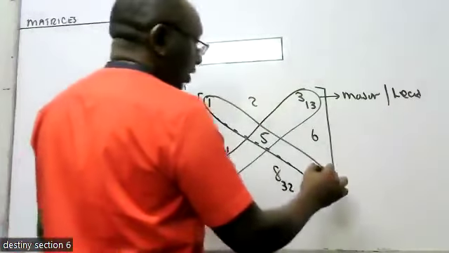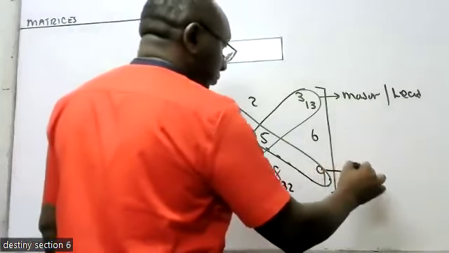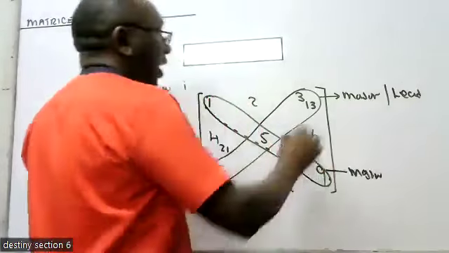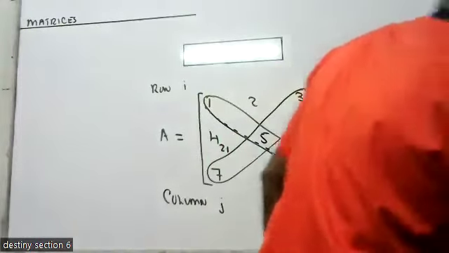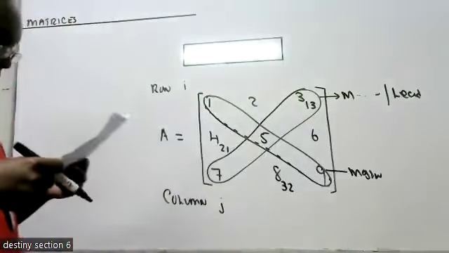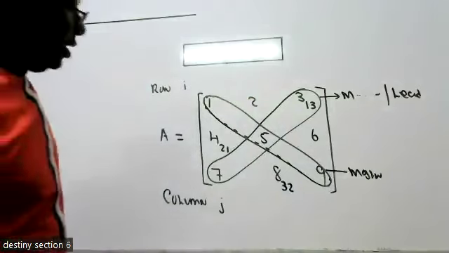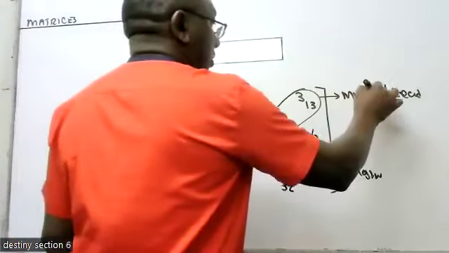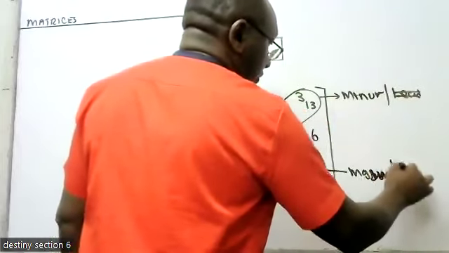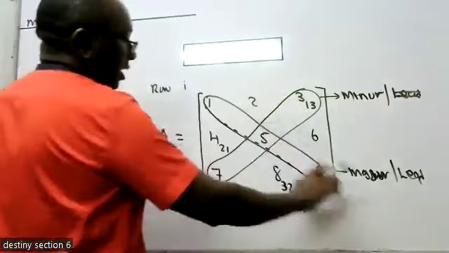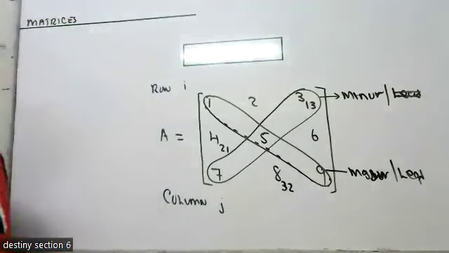This is what we call the major diagonal, and this is what we call the minor. So this is the major, this is the minor. This one is the major diagonal, also called the lead, and this other one is the minor diagonal.